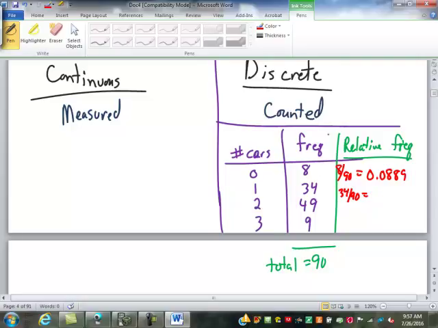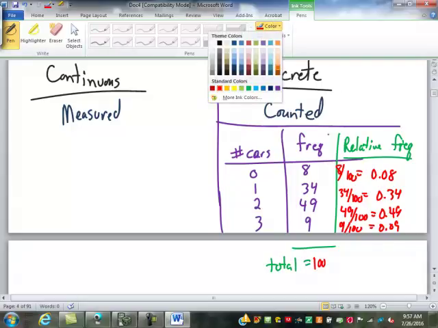Is it 100? Oh, cool. It does add up to 100. Good deal. Well, that makes these divisions a lot easier. So 8 divided by 100 is 0.08. 34 divided by 100 is 0.34. 49 divided by 100 is 0.49. And 9 divided by 100 is 0.09. And I could change those into percents if I wanted to.